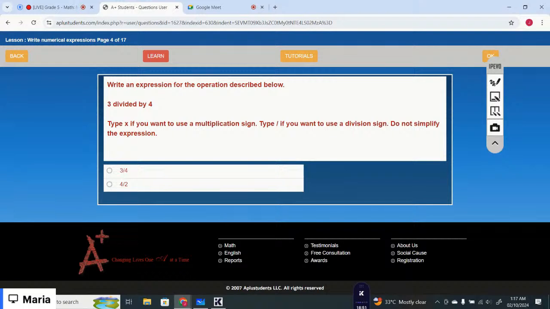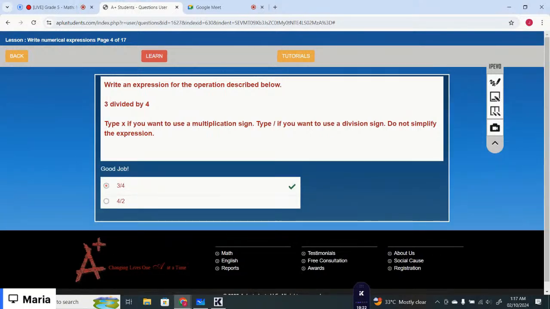Three divided by four, so option one or two. Yes, that's option number one. Three divided by four.